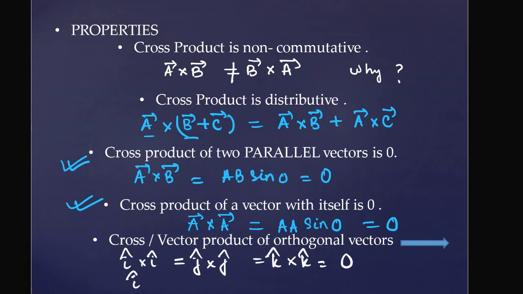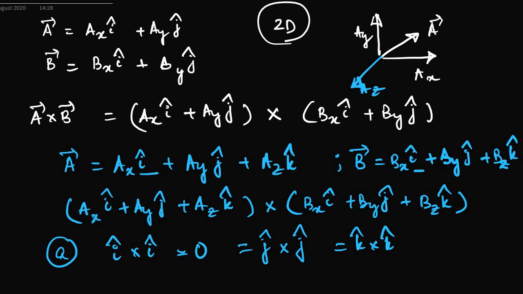Now what would be i cross j? Very nice question. It would be k. Why so? Because as we already know, if we are taking two vectors A and B, then we are having the perpendicular as the resultant, which is perpendicular to the plane containing the two vectors.